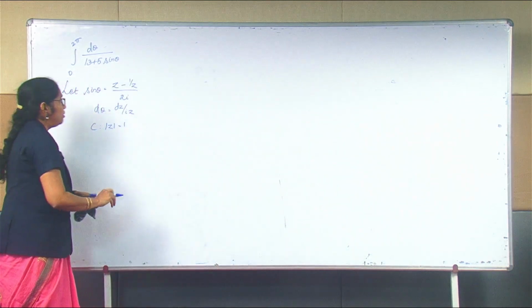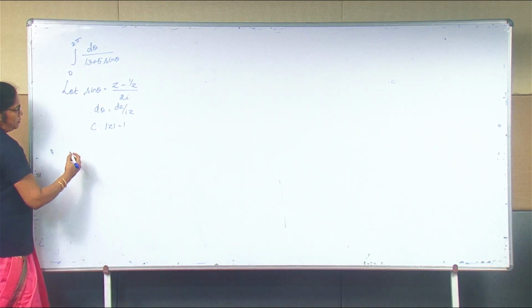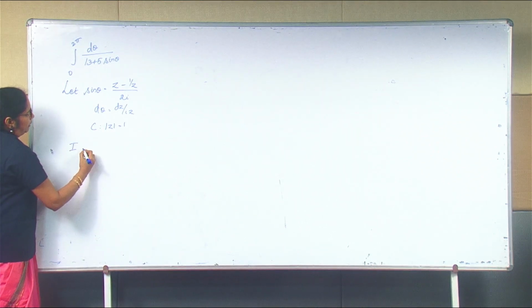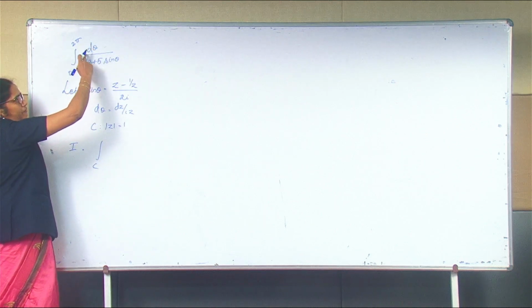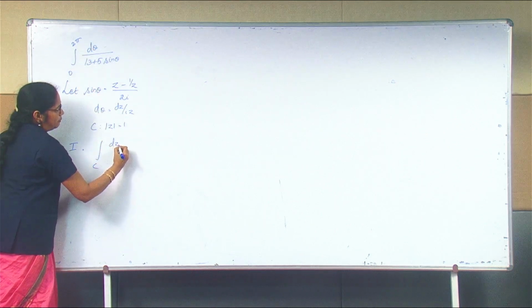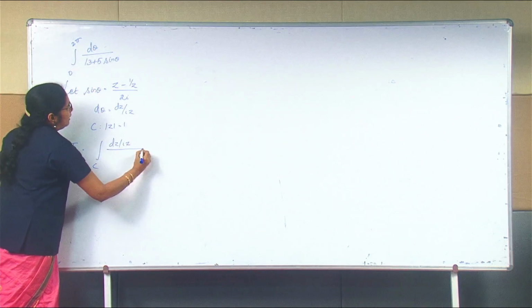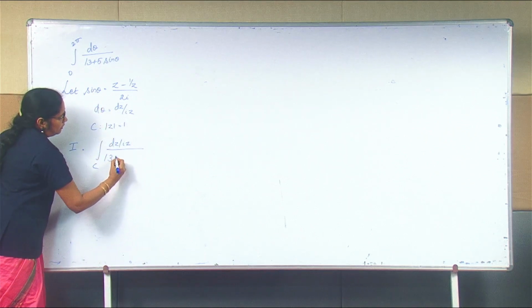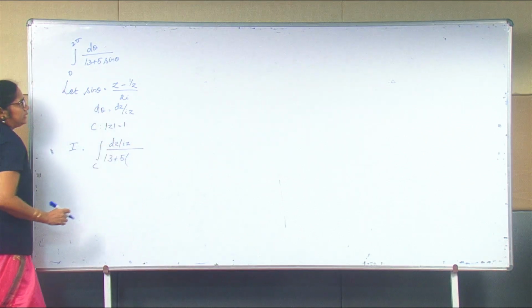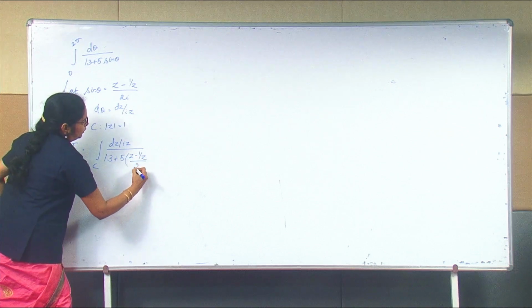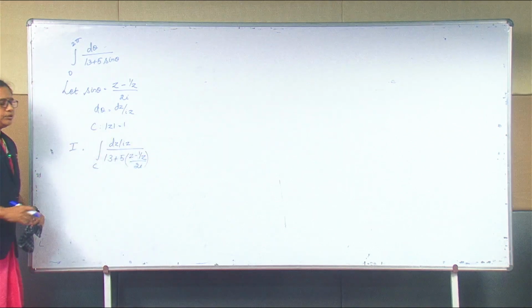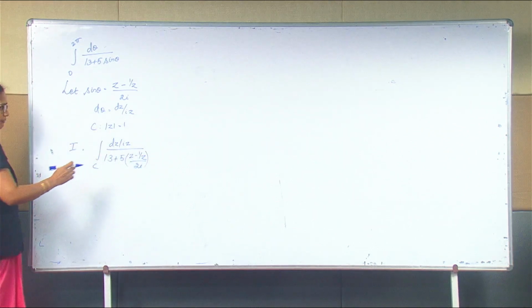Okay, now how does the given question become? The given integral I becomes the integral over C of, instead of d theta, dz by iz, divided by 13 plus 5 times sin theta, which is z minus 1 by z by 2i. So in the denominator, we have to do the simplifications.